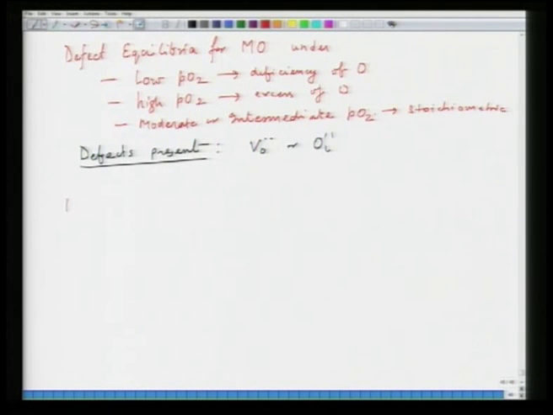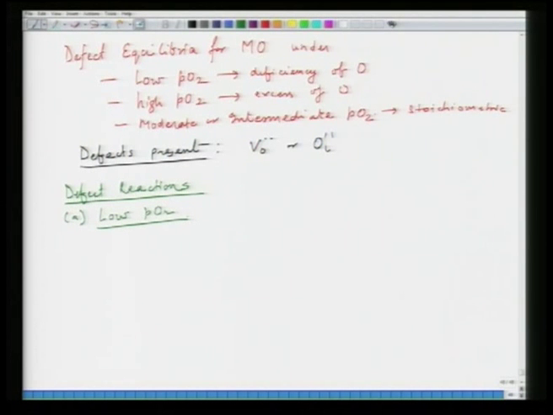So, first we will see the defect reactions. We will write first for the low PO2 case.